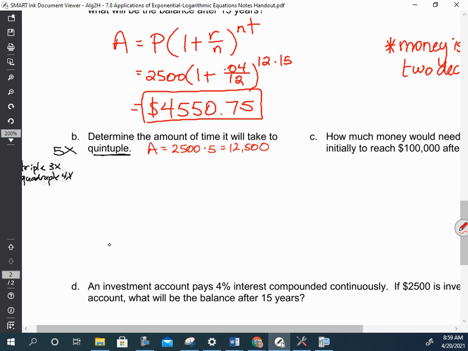So we're still using the same formula. A in this case is 12,500. The P value is still 2,500. 1 plus 0.04 over 12, 12 times 2.